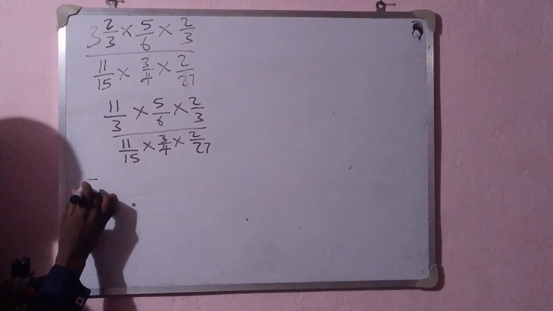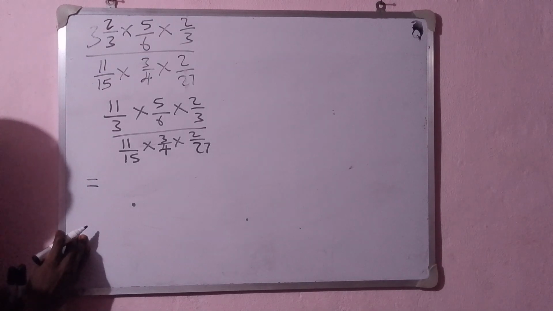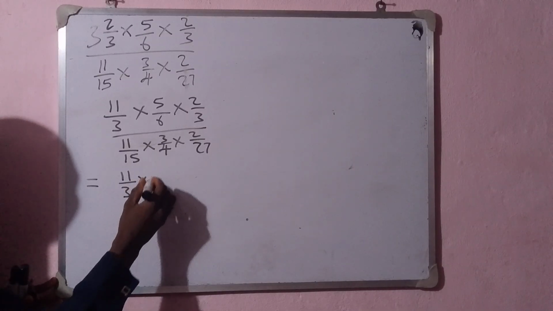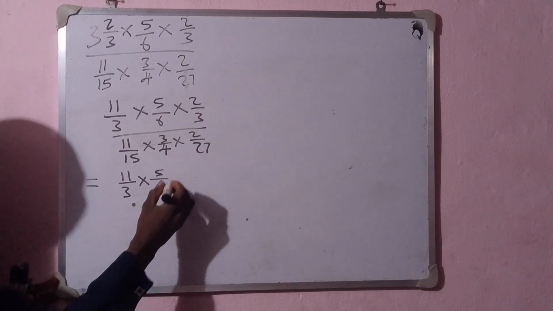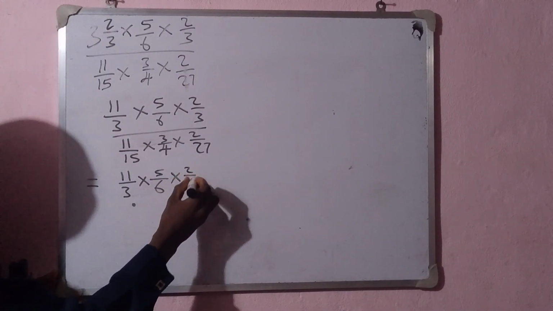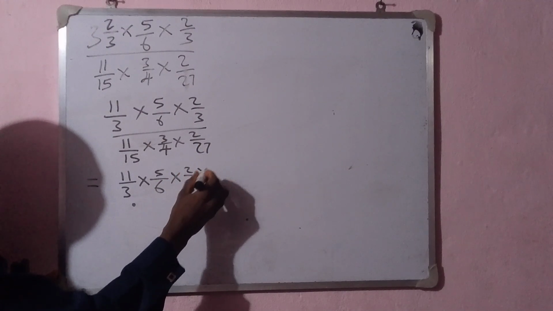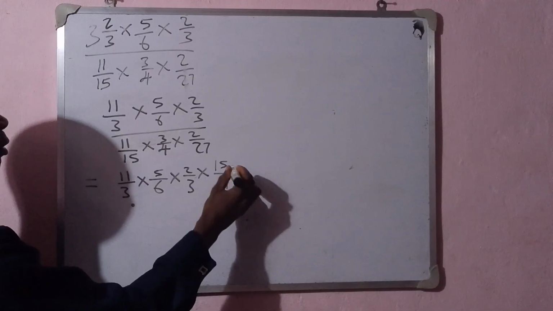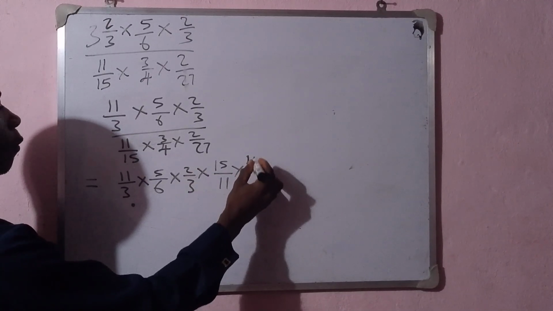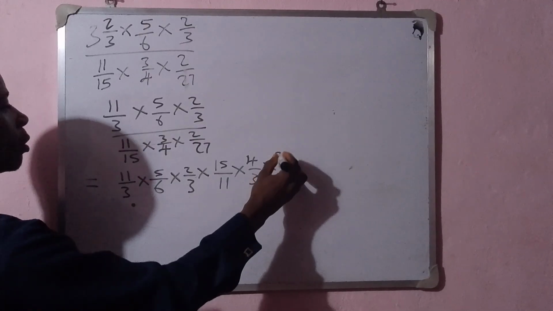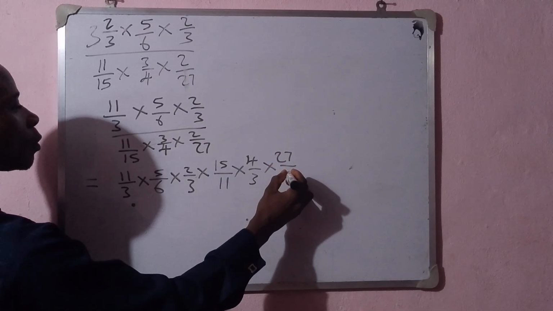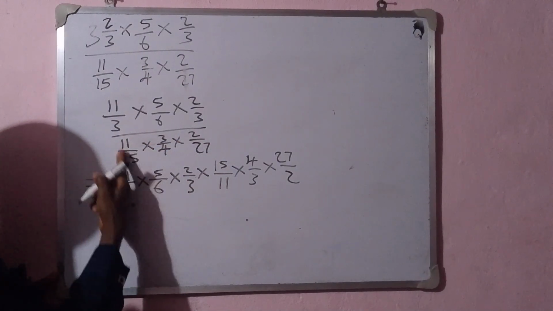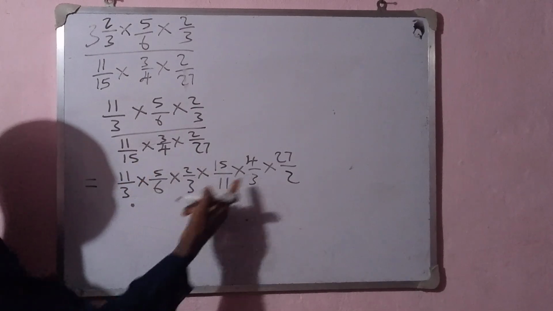So this is the same as 11 over 3 multiplied by 5 over 6 multiplied by 2 over 3, then times 15 over 11 multiplied by 4 over 3 multiplied by 27 over 2. Because of this, we inverse all of these that are from the denominator.